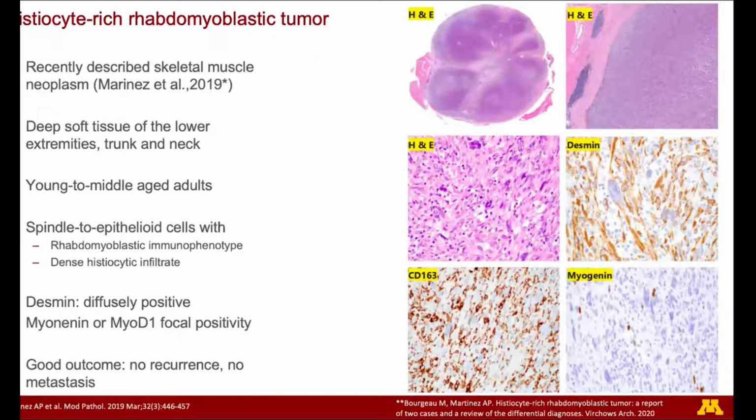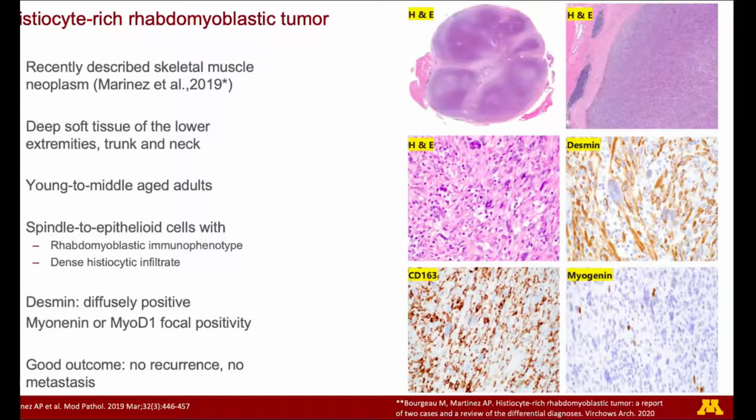Histiocyte-rich rhabdomyoblastic tumor is a recently described skeletal muscle neoplasm of uncertain malignant potential, first described by Martinez et al. in 2019. They reported 10 cases of these tumors. They are usually circumscribed tumors located in deep soft tissue of the lower extremities, trunk, and neck of young to middle-aged adults.